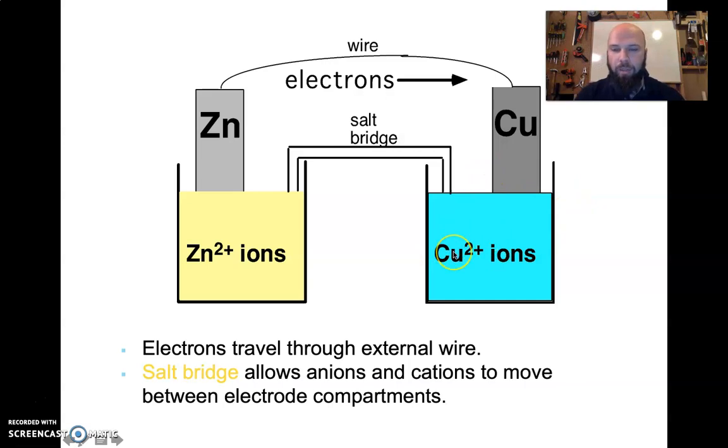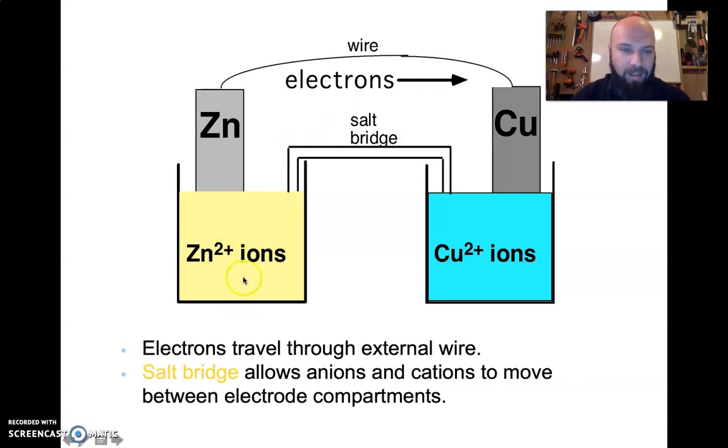Because this copper solution is losing copper ions, there's a deficit of positive charge, and this salt bridge contains a positive and negative ion, and the positive ion will go into the copper solution, and so that the salt bridge remains uncharged, the negative ion will go into the zinc solution.